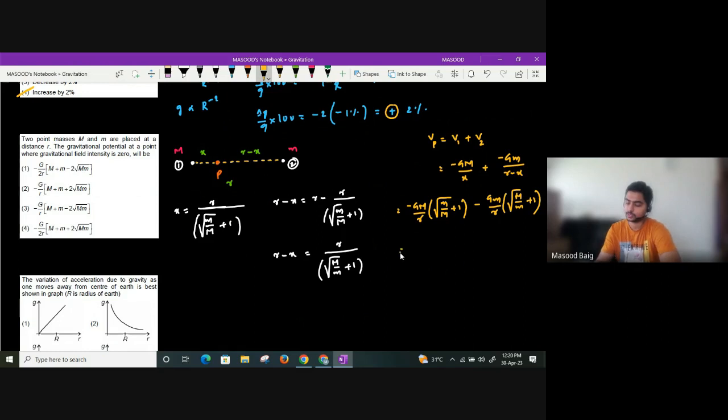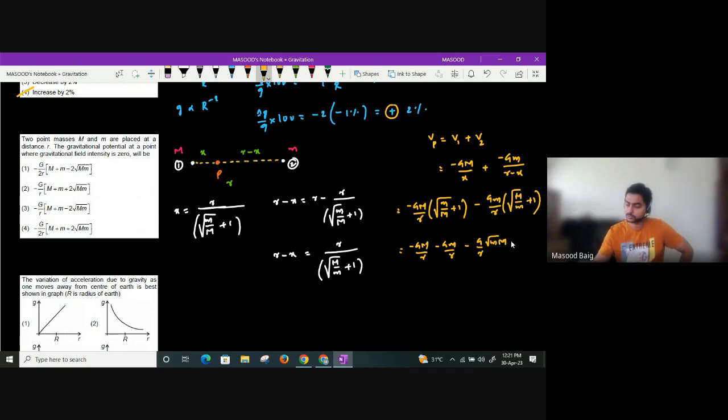So what will this turn out to be? This will be minus GM divided by r, and here I'll get minus G small m divided by r. From this term, root m, and what will you get? Minus G by r root over small m capital M.